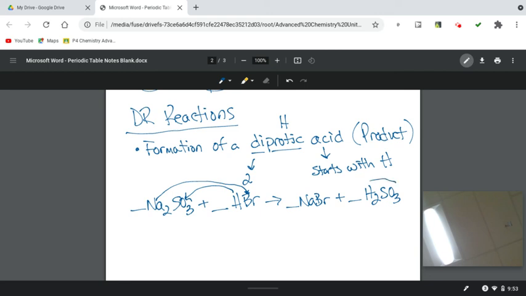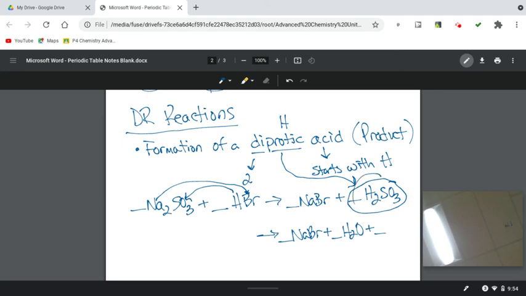Now, this right here is what we refer to as a diprotic acid. It begins with hydrogen. It has two hydrogens, and it's got a polyatomic ion there. So here's what's going to happen. If you ever have a diprotic acid, you're going to still get our NaBr as a product. But that diprotic acid is going to decompose into H2O and whatever is left.